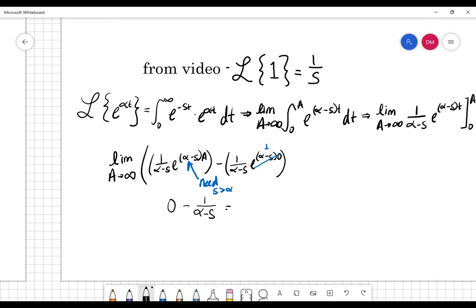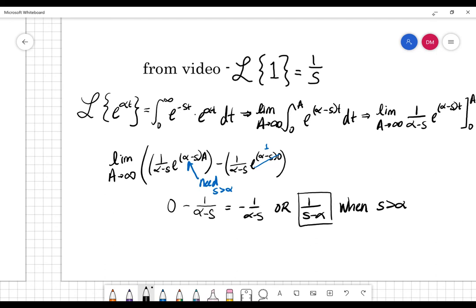So what we get for this is negative 1 over alpha minus s, or, if we wanted to rewrite that with a little bit less negative here, we would say 1 over s minus alpha. Okay, when it is the case that s is greater than alpha.